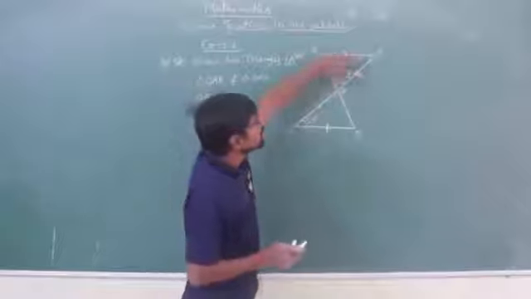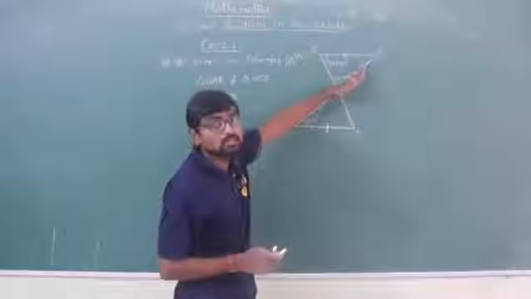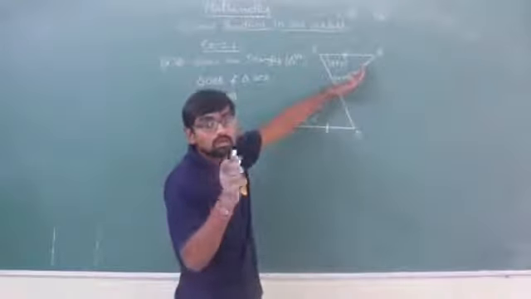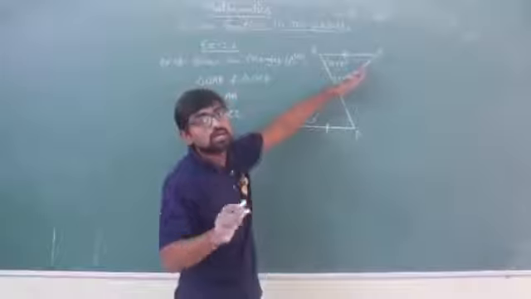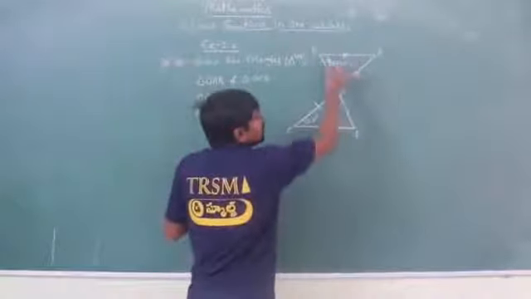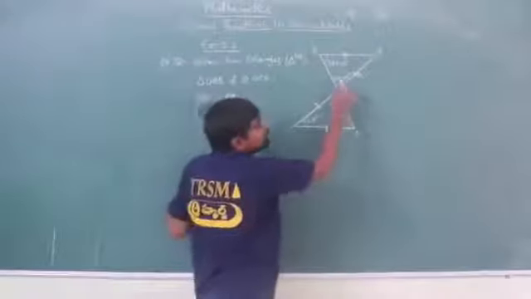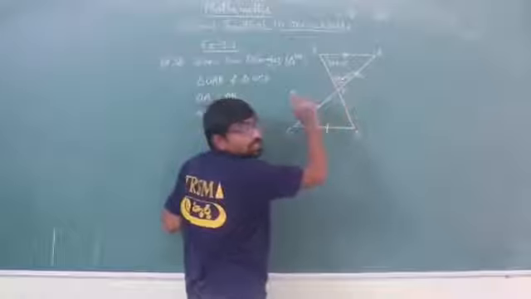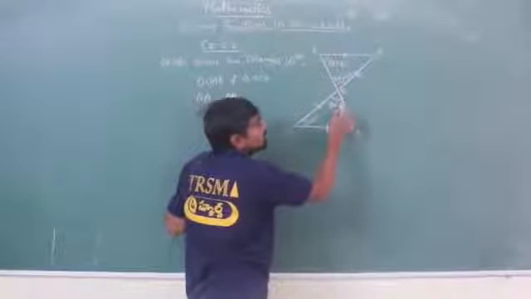Because here AB and OA, these two sides are equal, and the angles opposite to equal sides are also equal. And here, if it is 3x plus 10, this will also be 3x plus 10.